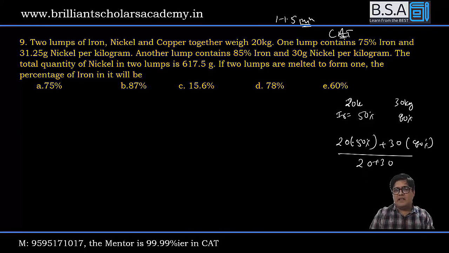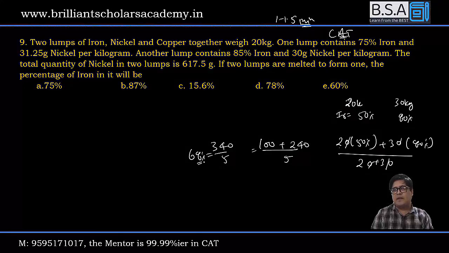So can I say 0 is common? It is a multiple of 10 every place. 2 into 50, 100. 3 into 80, 240 upon 2 plus 3, which is 5. So what I have for you is 340 upon 5, which is basically 68%.